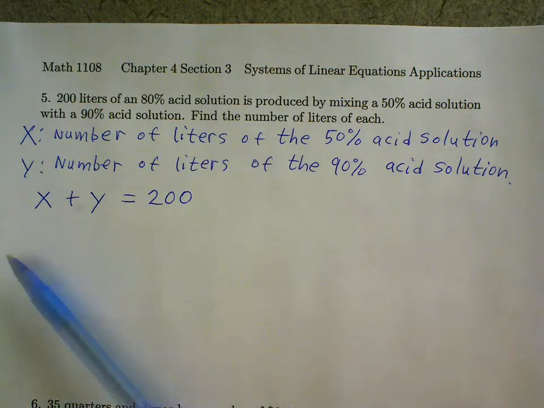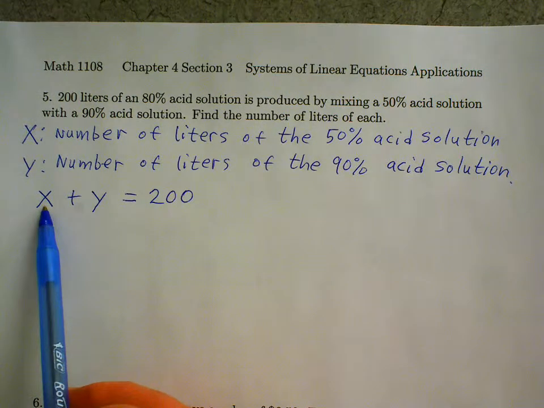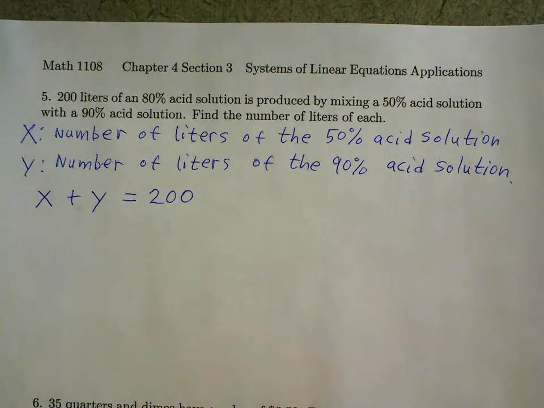Okay, in the next equation, we'll take into account the percentages of acid. So if X liters is 50% acid, then how do we represent the amount of pure acid that it contains?